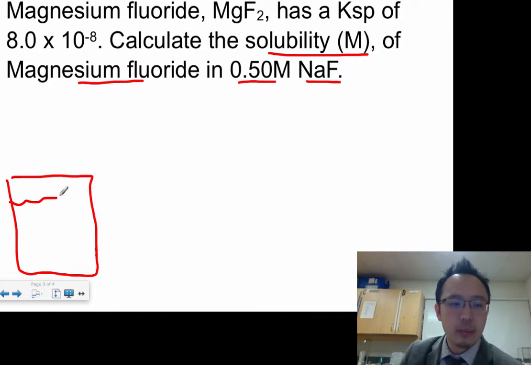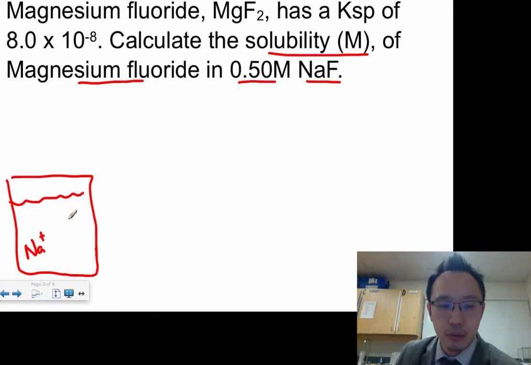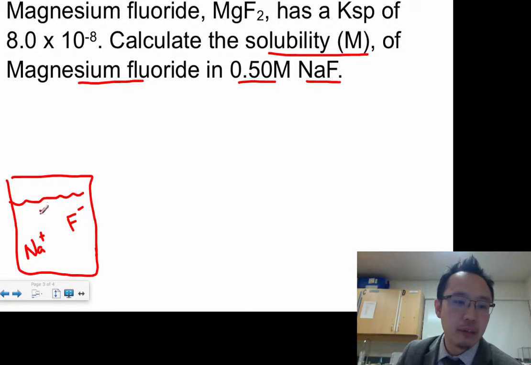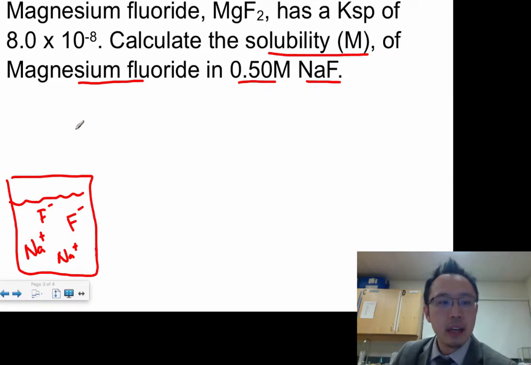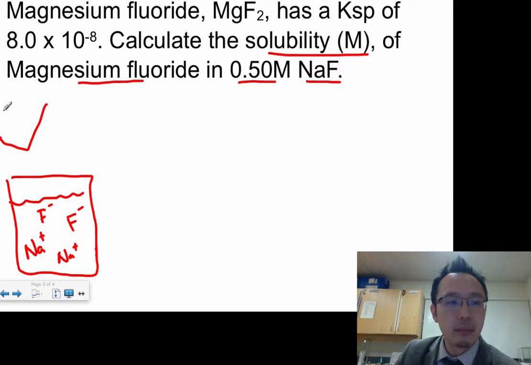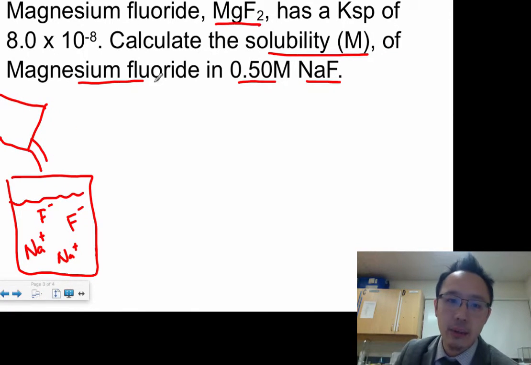So you start off with a solution of sodium fluoride that is already in solution, so the ions have already dissociated. You can see a bunch of sodiums and fluorines. What you're doing in a common ion problem is adding more stuff into the same solution. In this case, we're adding magnesium fluoride.